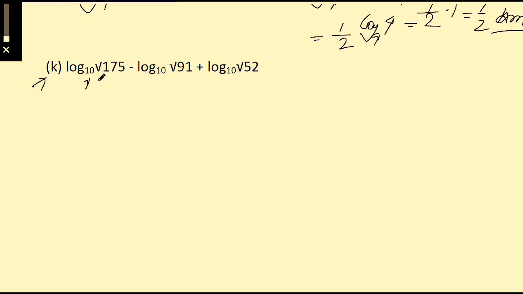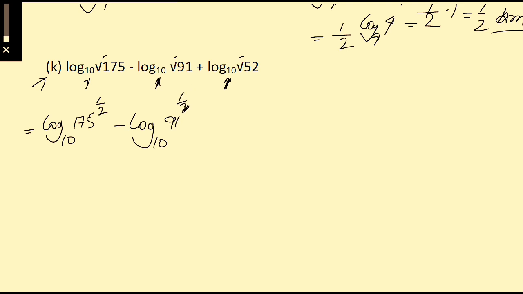Here question K, we have 3 logs with the same base with square root arguments. So first we should remove this square root and write it as a power of the argument: log 175 to the power 1 over 2, minus log 91 to the power 1 over 2, plus log 52 to the power 1 over 2.